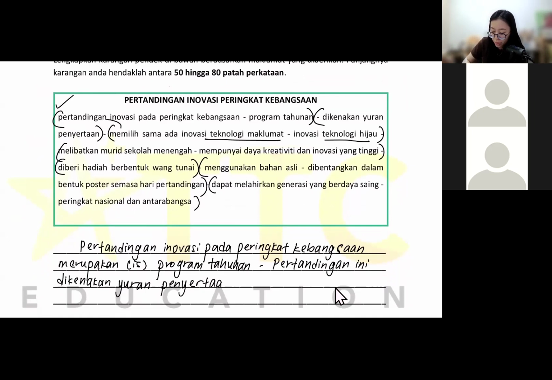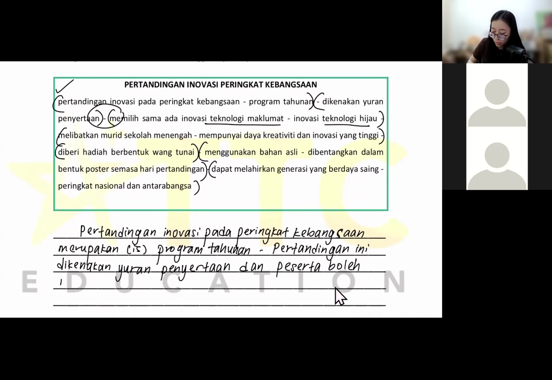If you want to combine these two, also can, which means you put like this: dan peserta, which is the participants, boleh memilih, they can choose, sama ada inovasi teknologi maklumat.